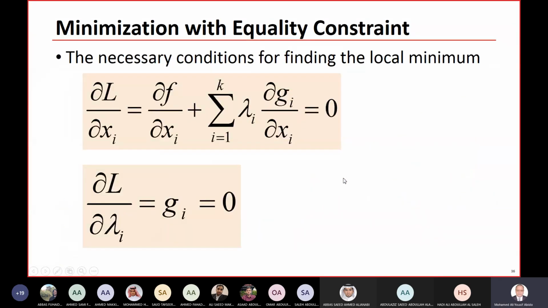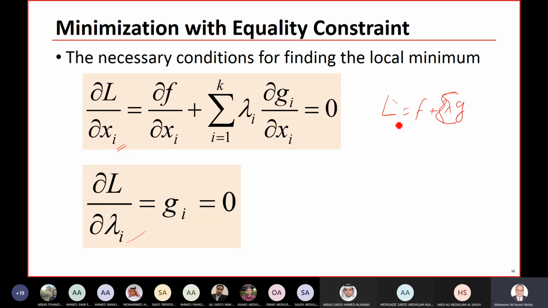Okay, so the necessary conditions for optimality: partial L by partial x_i, x1, 2, 3, equal to 0, and partial L by partial lambda 1, 2, 3 also equal to 0. Of course, you have L equal to F plus lambda G, and this is a summation of lambda G; it depends on how many constraints you have. So partial L by partial x equals partial F by partial x plus summation of lambda_i times partial G_i by partial x_i. This is a derivative with respect to x, and this is a derivative with respect to lambda.